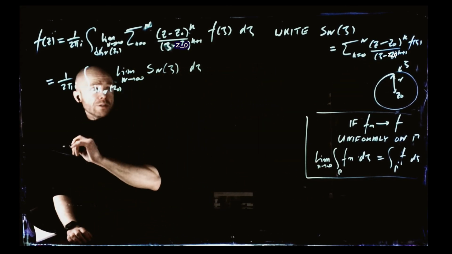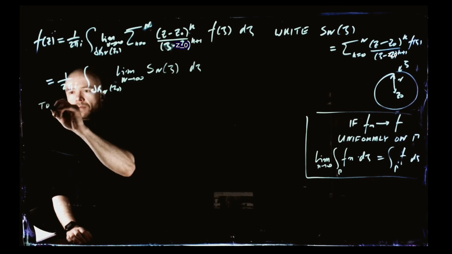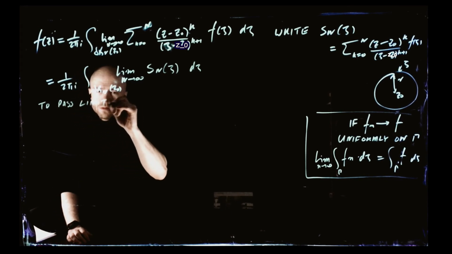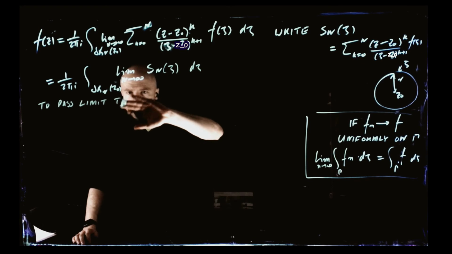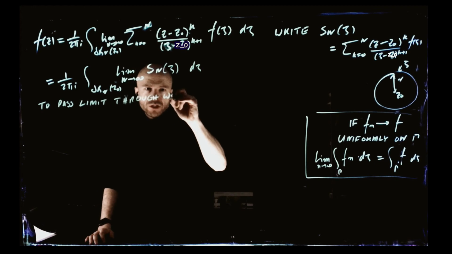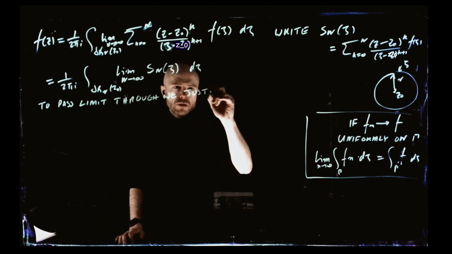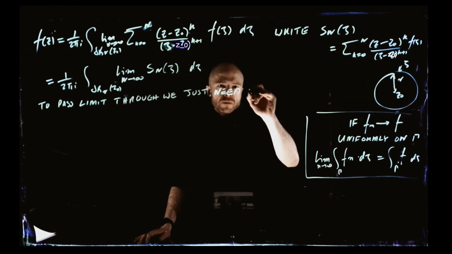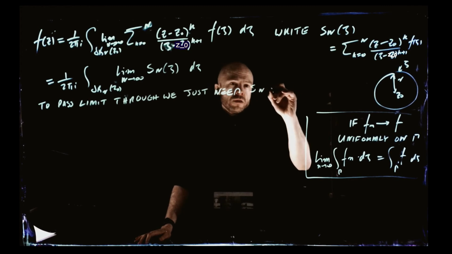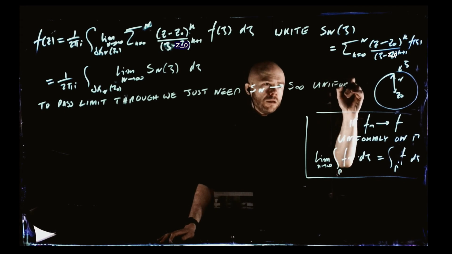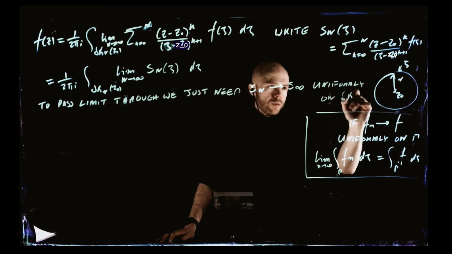All right, so let's take a look. Let me write that in words. To pass the limit through the integral, we just need, so I'm going to write S infinity for the actual infinite sum, that Sn tends to S infinity uniformly on the boundary of the ball, like this.